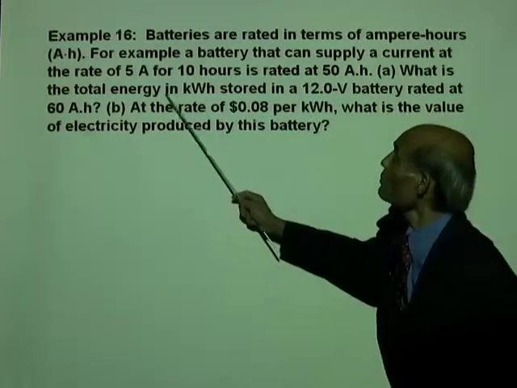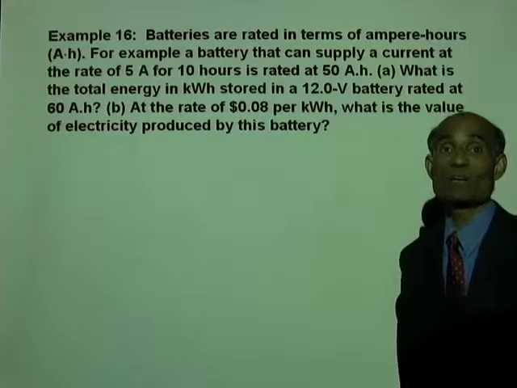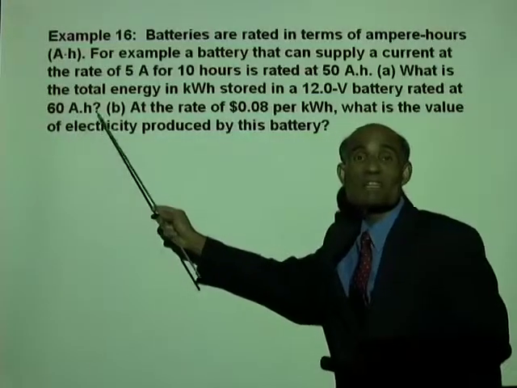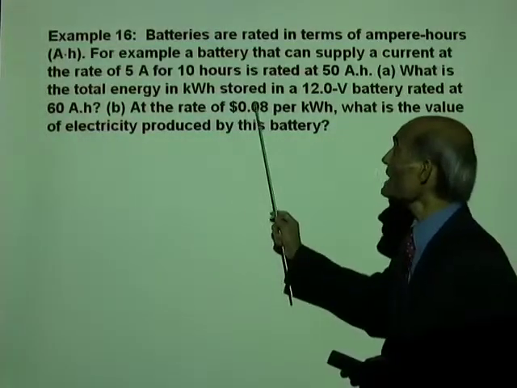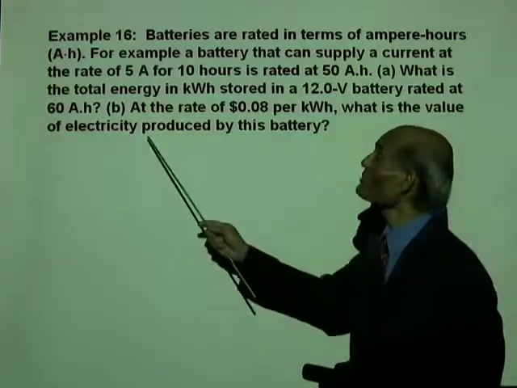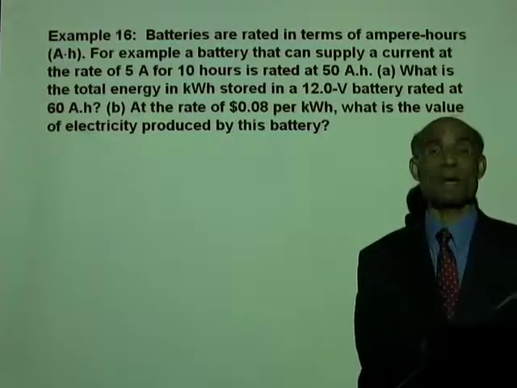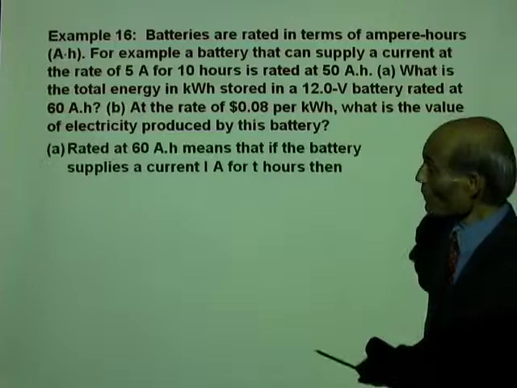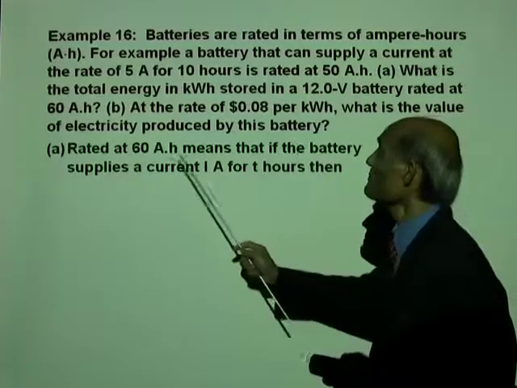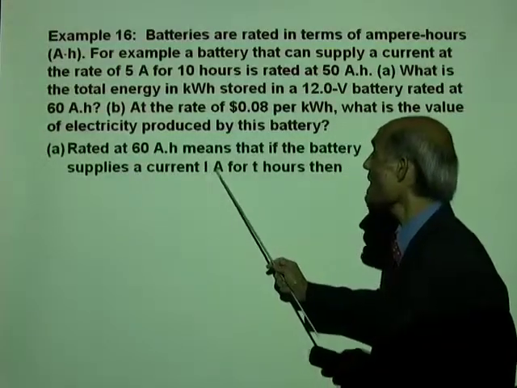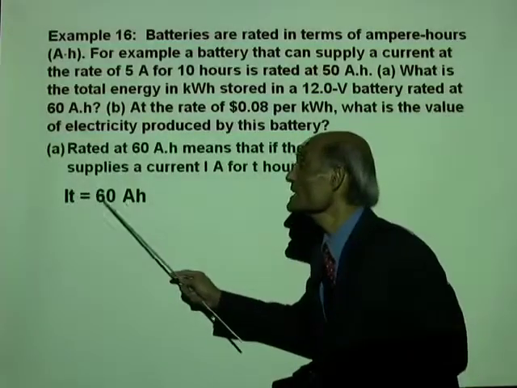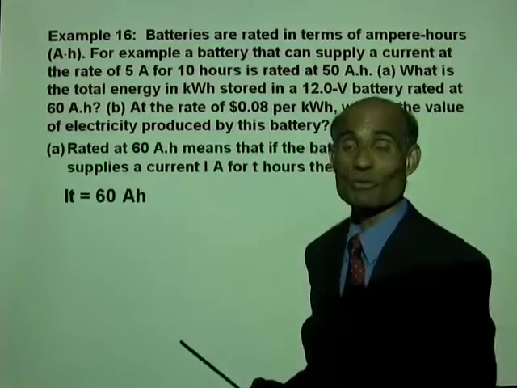Now, what is the total energy in kilowatt hours stored in a 12-volt battery rated at 60 ampere-hour? At the rate of $0.08 per kilowatt hour, what is the value of the electricity produced by this battery? Well, the battery is rated 60 ampere-hour means that if the battery supplies a current I ampere for T hours, then I times T equals 60 ampere-hour.